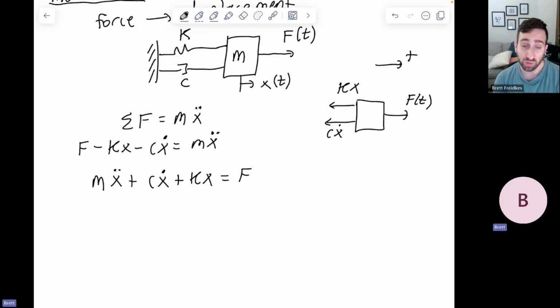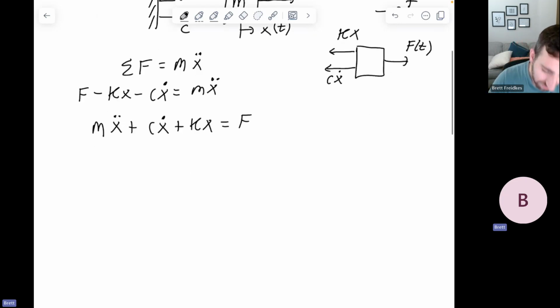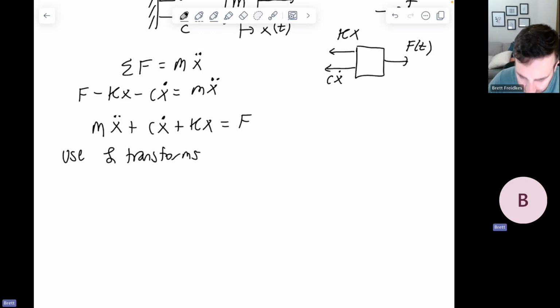Now, what we would like to do is solve this differential equation, or at least try to solve for this ratio of output to input. And the simplest way of doing this is to use Laplace transforms. And you can go look at a table for what the Laplace transforms are.